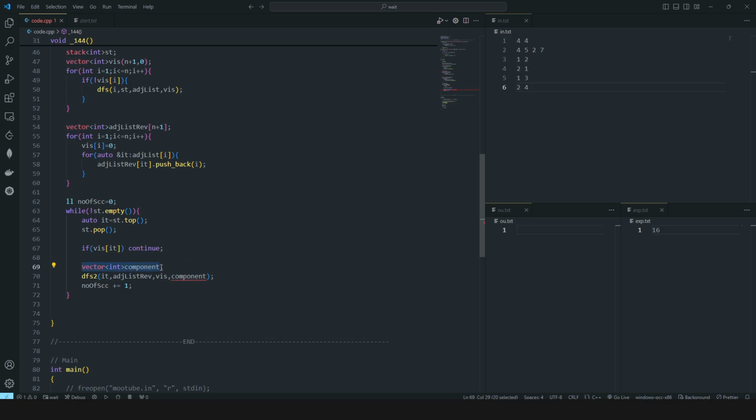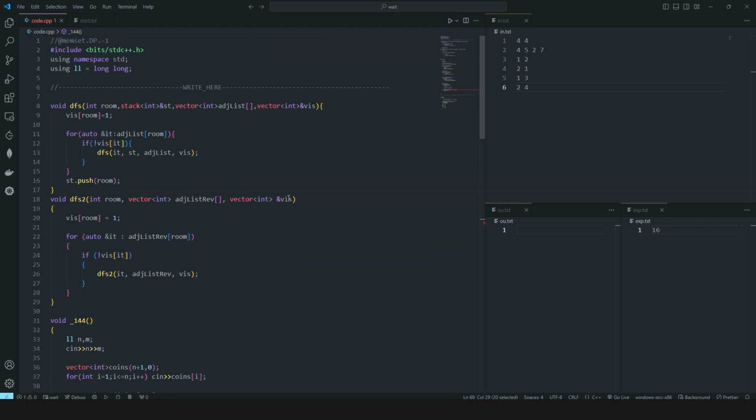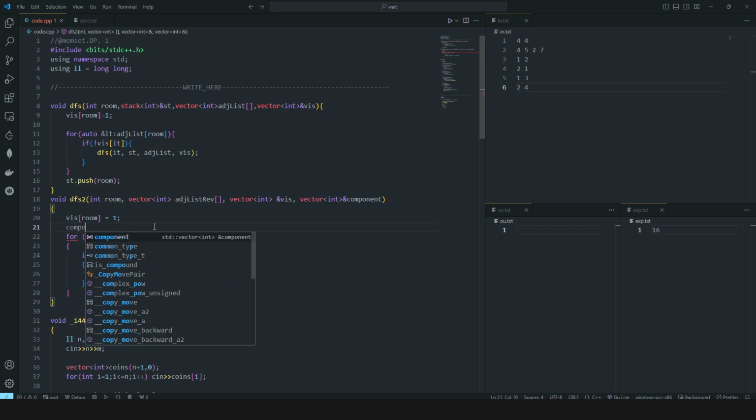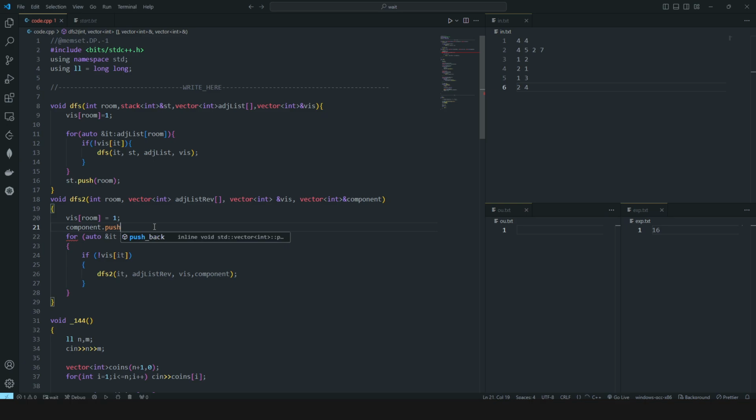So let me copy this up quickly, and I will be passing it by reference only. And while visiting, I will be storing this room in the component.